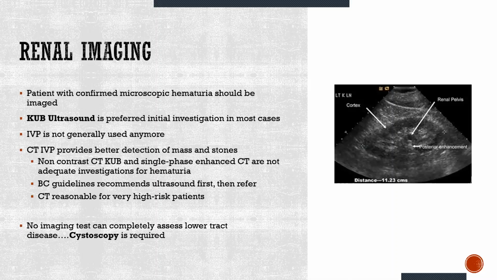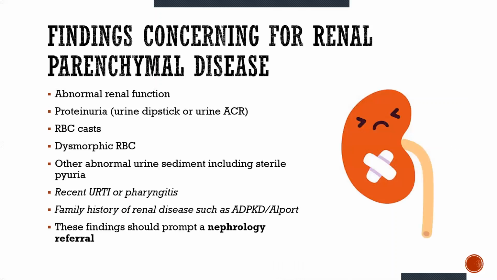A non-contrast CT-KUB or single-phase CT are actually not adequate for investigation to completely rule out a malignancy. So as we said, ultrasound first. If you have a really high suspicion of stones or malignancy despite the negative ultrasound, you could order the CT IVP.